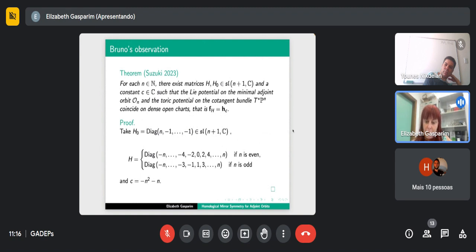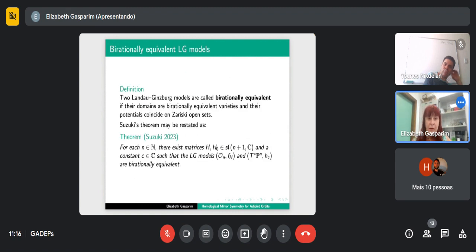But in rigorous algebraic geometric language, it then gives a new definition. There are like a million things to be studied now for this definition of what it is to have birationally equivalent Landau-Ginzburg models.